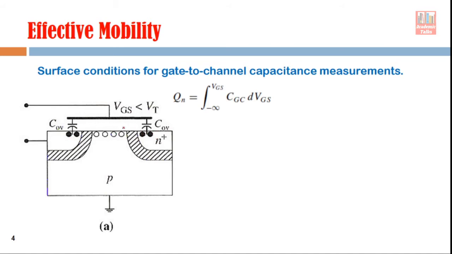That connection is not shown in this diagram, but actually drain and source are connected together, and they form one electrode. The second electrode is the gate terminal. So the second electrode is your gate terminal, and the first electrode is your source and drain connected together, right?